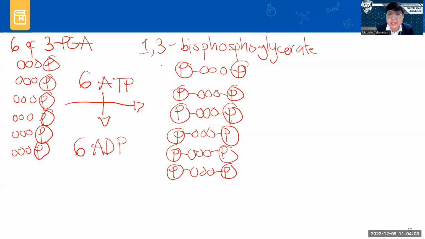Bakit siya 1,3-bisphosphoglycerate? Because yung phosphate is connected sa first carbon and third carbon of the molecule. Kaya siya 1,3. Then yung bis was added kasi dalawang phosphate na yung present. Saan galing yung phosphate? Galing siya kay ATP. Okay? Followed me so far?